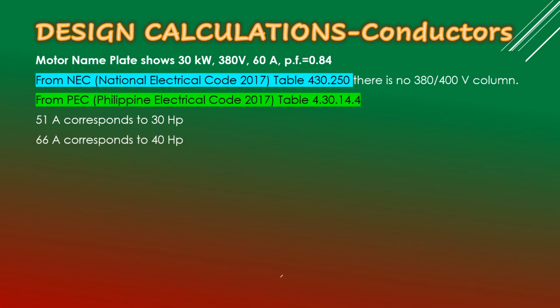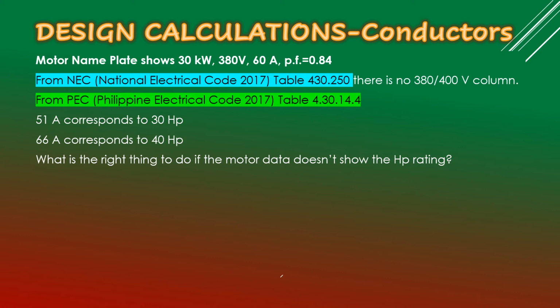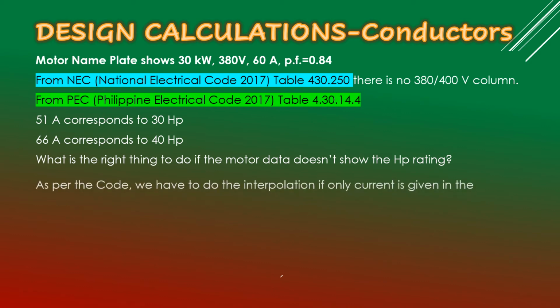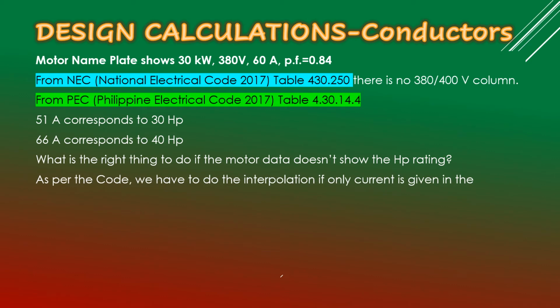What is given, 51 ampere corresponds to 30 horsepower and 66 ampere for 40 horsepower. But our load motor is given in kilowatts. So how are we going to deal with this? What is the right thing to do if the motor data doesn't show the horsepower rating? As per the code, we have to do the interpolation if only current is given in the nameplate.